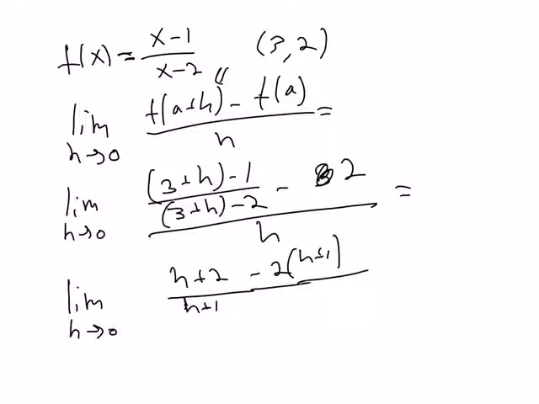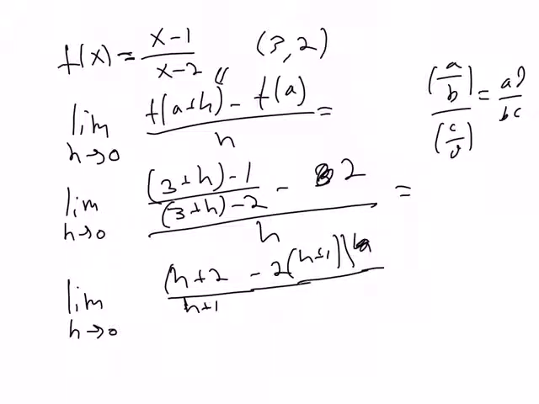And then over all of this, over h, but because we know that a over b over c over d is equal to a d over b c, we can take our h and just multiply it up here. Sorry, the h doesn't come here, the h comes here, right? Because this is the same as a over b, and then we have h over 1, so the h and the b multiply, and the a just gets multiplied by 1.